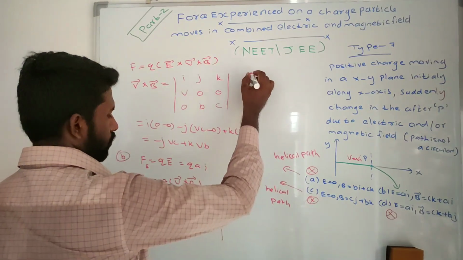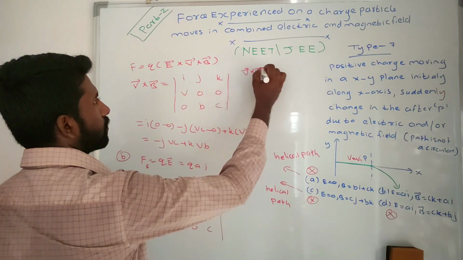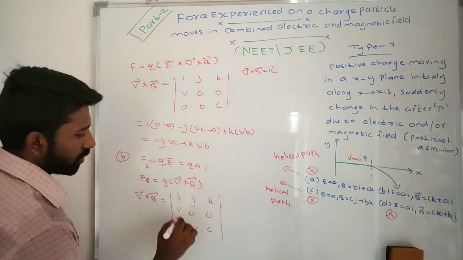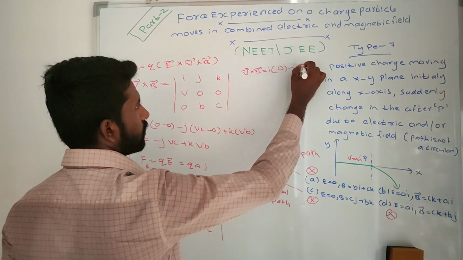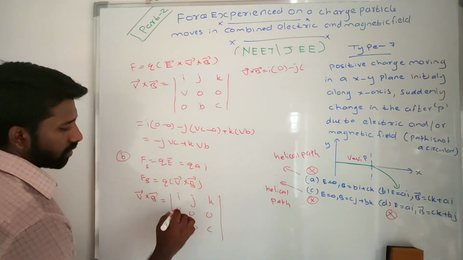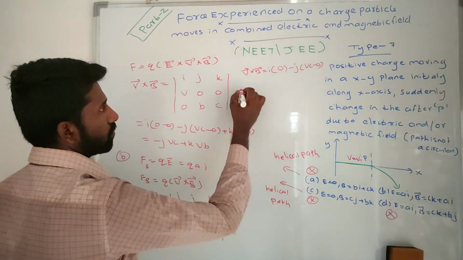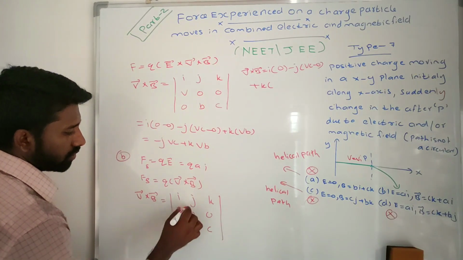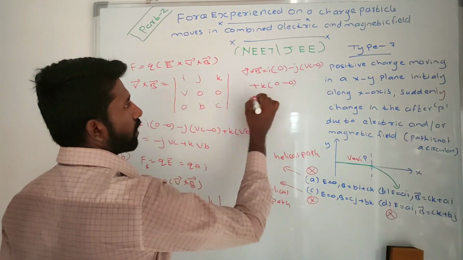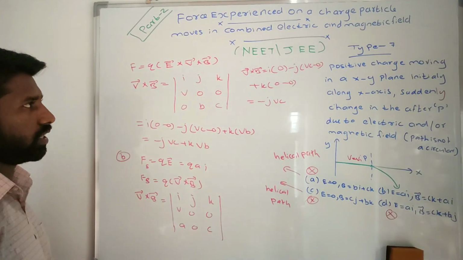So V cross B is equal to i into 0 minus 0, that is 0, minus j into VC minus 0, plus k into 0. So you'll get minus j VC. This is the V cross B.